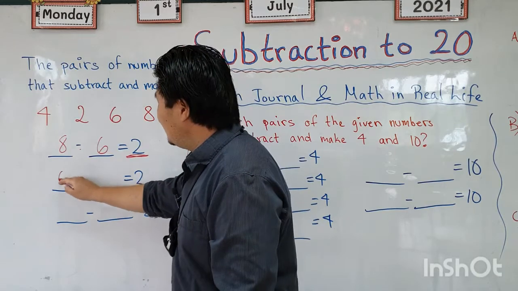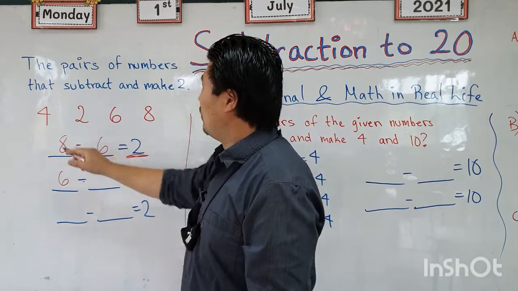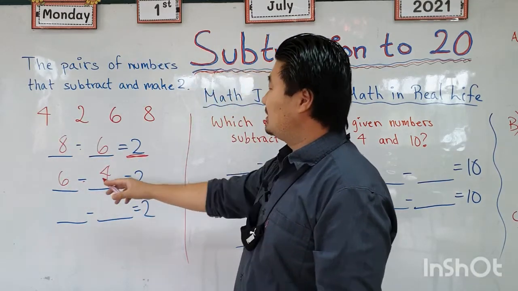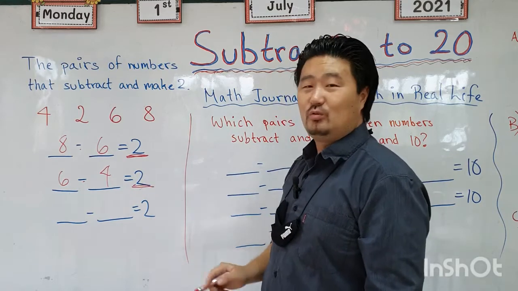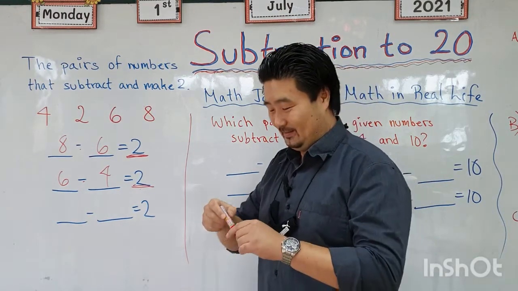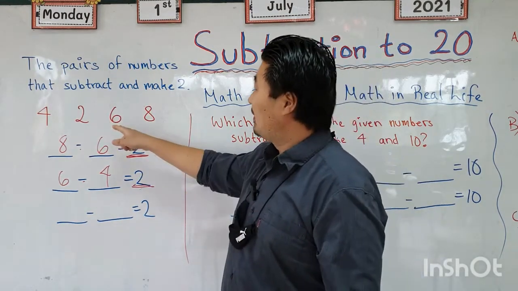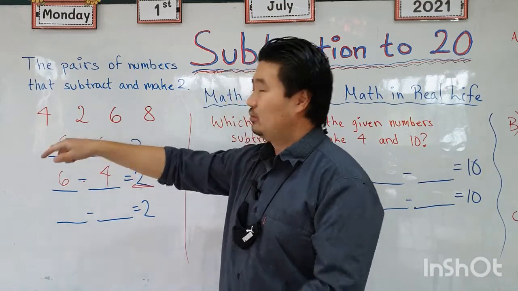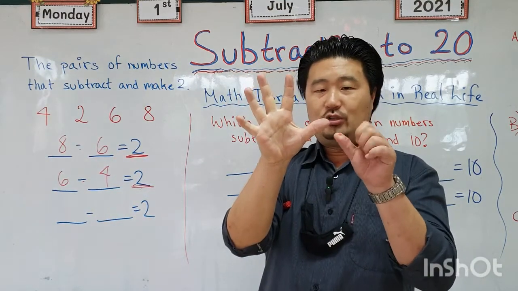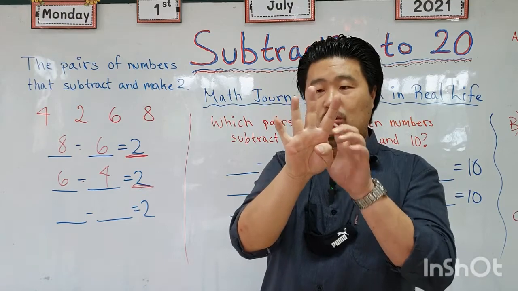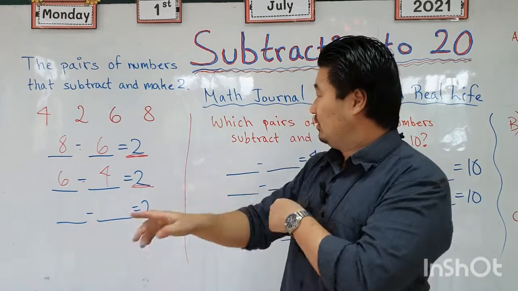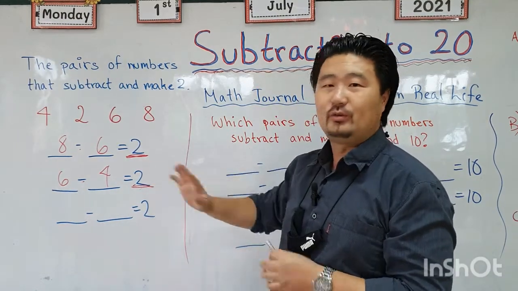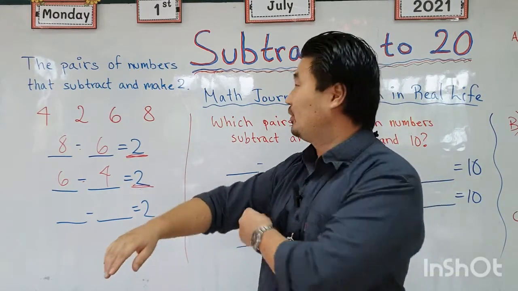So 6 minus 4 is okay because that equals 2. Okay? And then we try one more. 6 minus 2. 1, 2 equals 4. Does not equal 2. So it does not work.